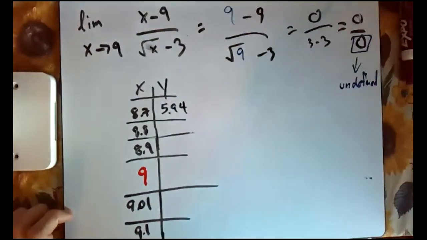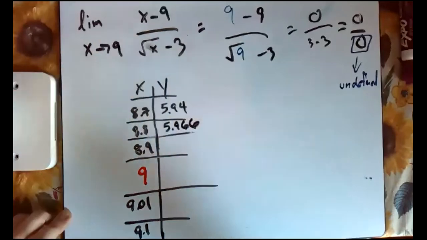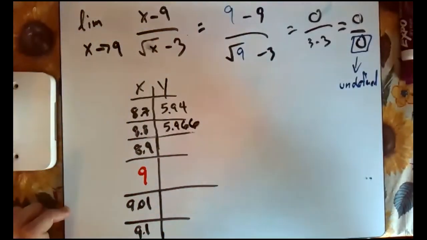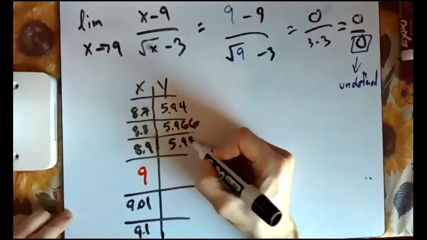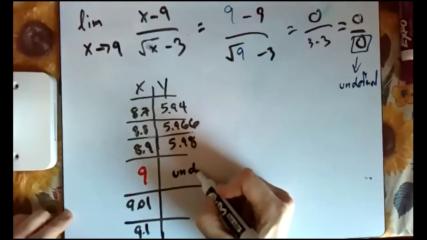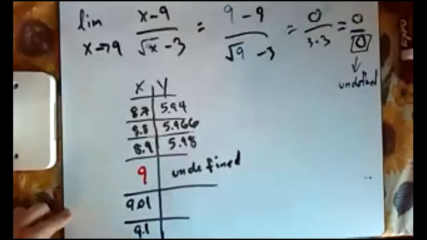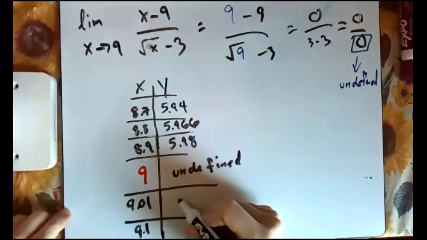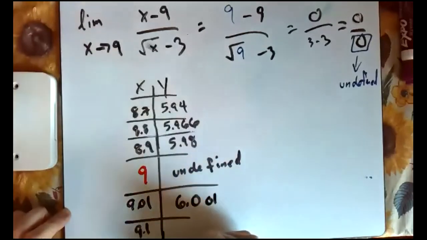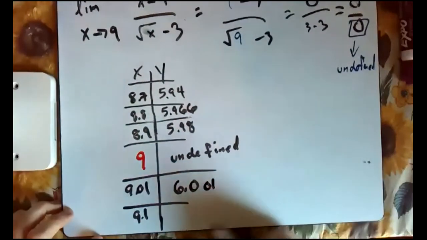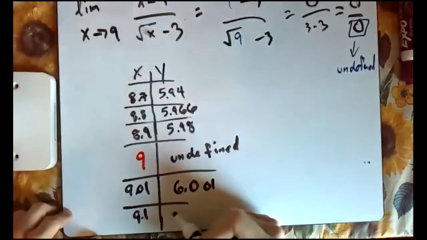When x is 8.8, we get 5.966. When it's 8.9, we get 5.98. This is undefined right here, because we wind up with 0 in the denominator. When x is 9.01, we get 6.001. When x is 9.1, we wind up with 6.01.